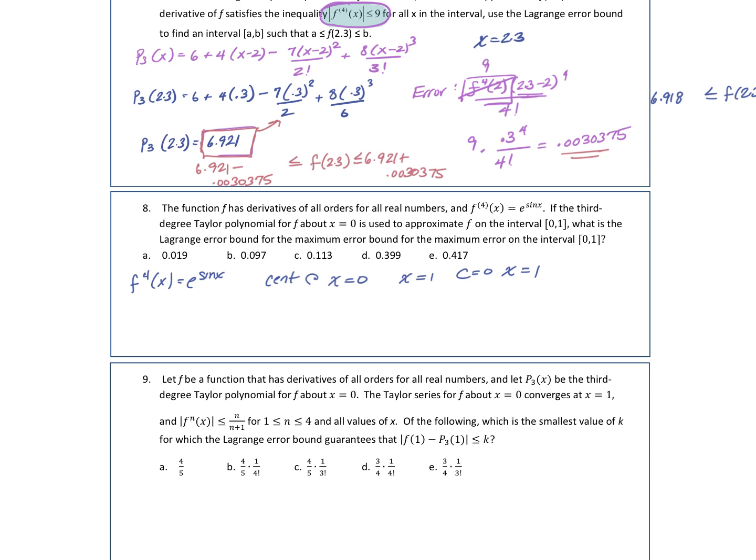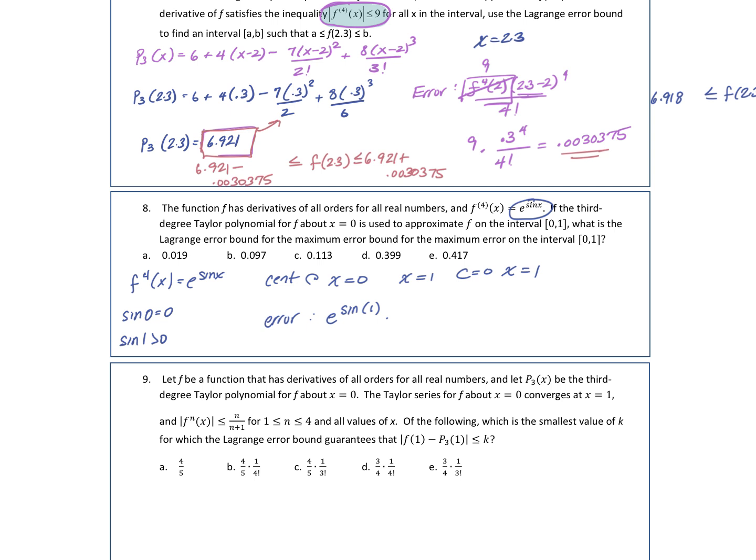So now we're going to plug in. The error is going to be that f to the n of z, which we're going to use for this. So I need to figure out which one would give me the larger value. I know that the sine of 0 is 0, and the sine of 1 is bigger than 0. So I'm looking at the sine of 1. So we have e to the sine of 1.